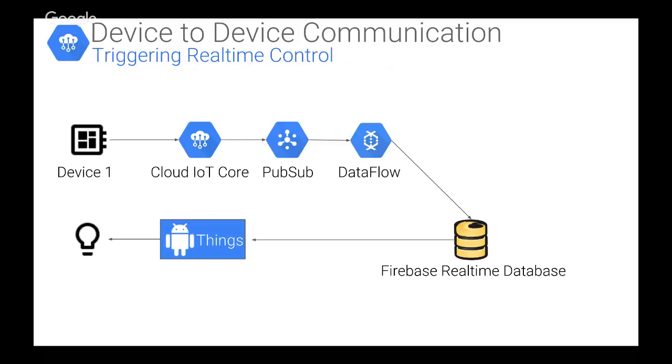In this case, you've got your device with the photo sensor, connected to Cloud IoT Core using MQTT. From there, you've got your PubSub topic that you're publishing to, and Dataflow is going to take the data from that topic. Then Dataflow, instead of triggering a change inside of Cloud IoT Core, is going to change a Firebase real-time database.